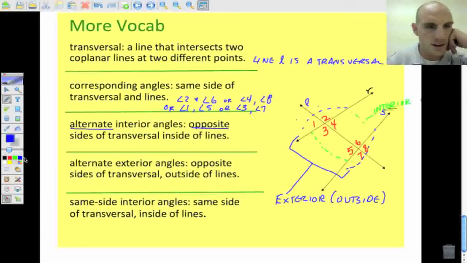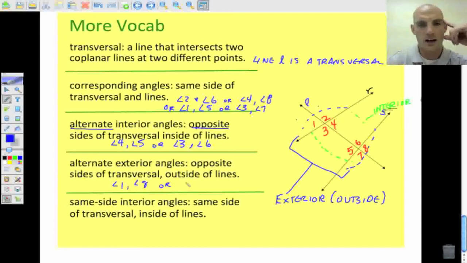So alternate interior angles would be like angle 4 and angle 5. Or angle 3 and angle 6. Okay, those are alternate interior because they're on the inside. 3 and 6, 4 and 5 are alternate interior. Alternate exterior would be on the outside, so that'd be like 1 and angle 8.